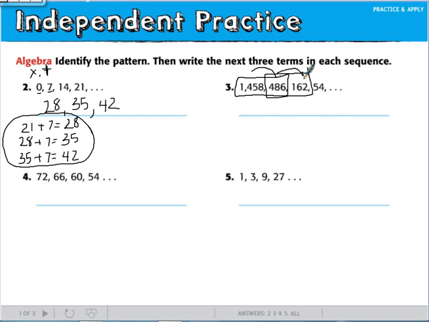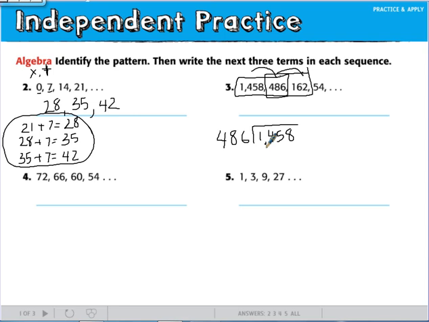Okay? Now, that means that problem should be able to tell you what they're dividing by. Okay?